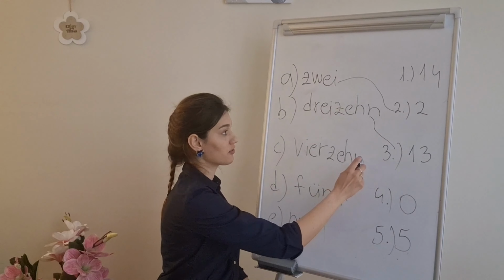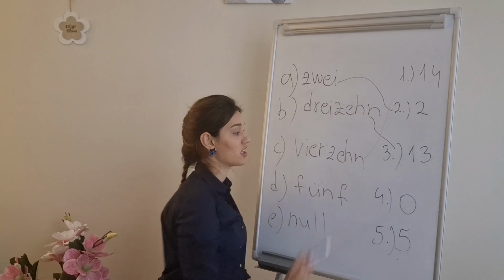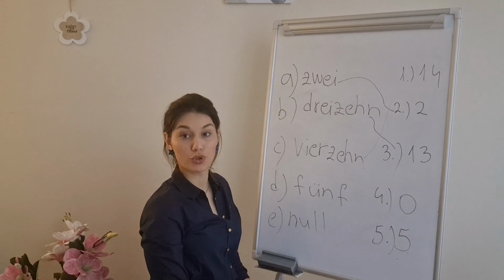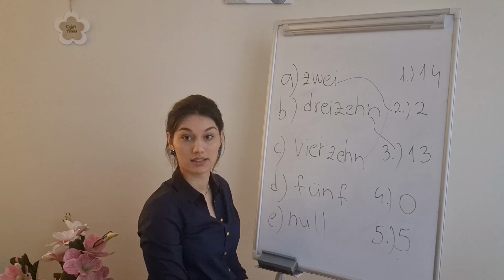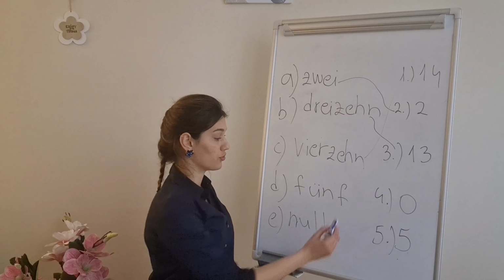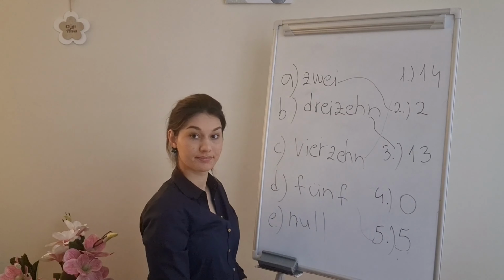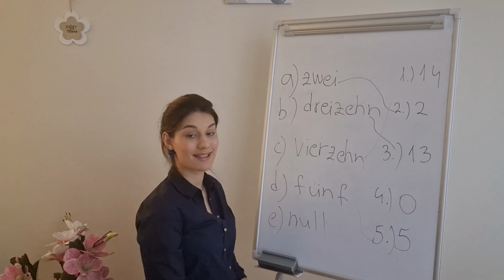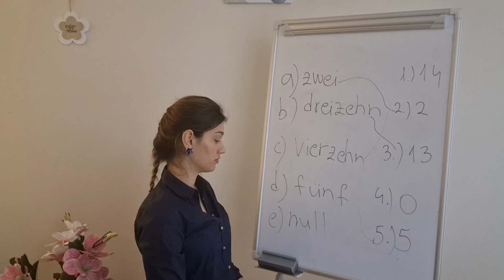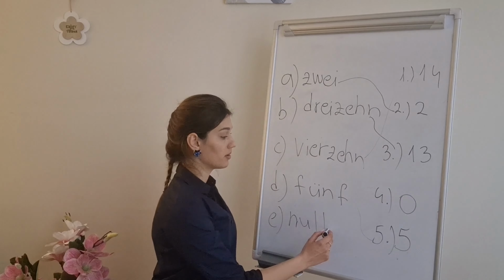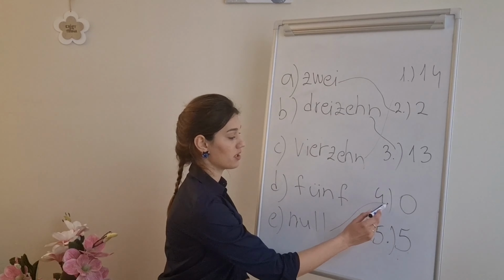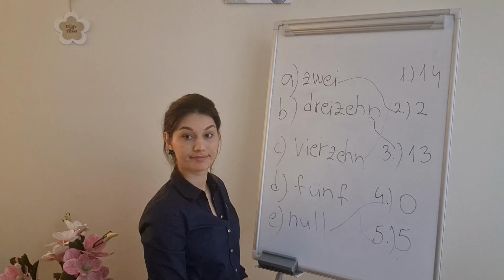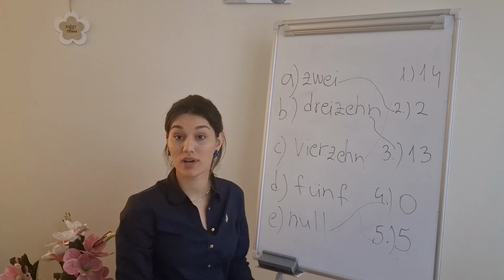We are going to connect 14 with this one here. Fünf. Which number is that? We are going to connect 5 with this number here. And the last number, null. We are going to connect null with 0 here. I hope this wasn't too hard for you.